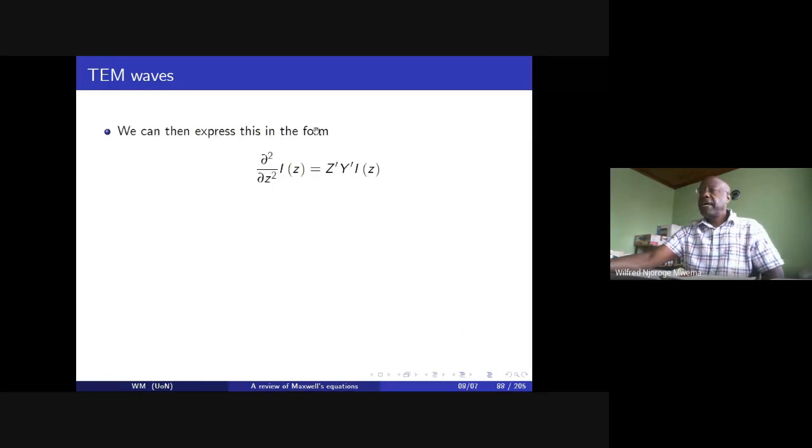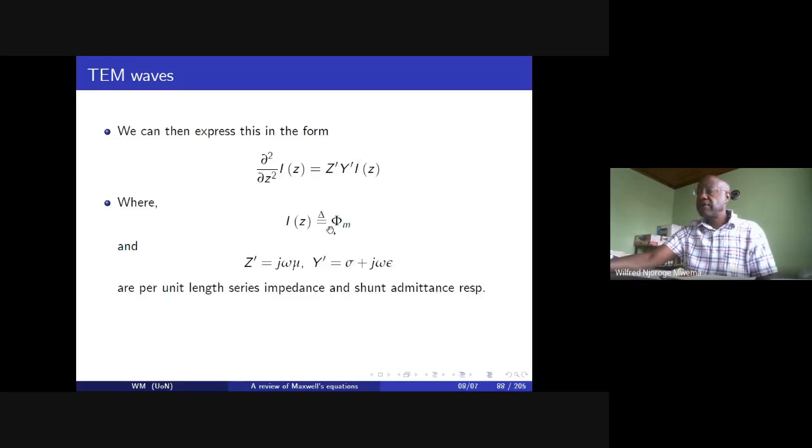We can define the second derivative of a current wave on a line as given by the series impedance per unit length, the shunt admittance per unit length, multiplied by I(z), where I(z) is now defined as phi_m, because we know that H is measured in amperes per meter.